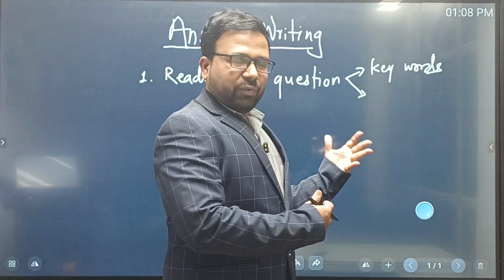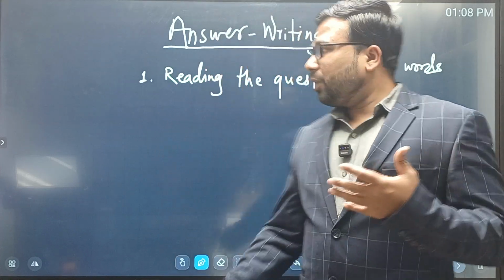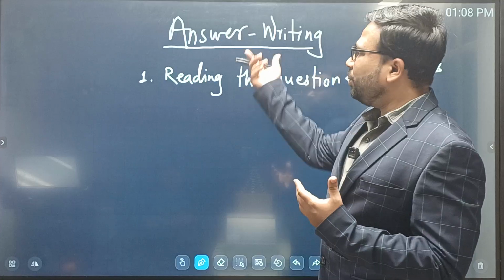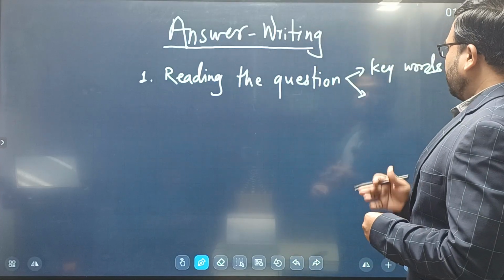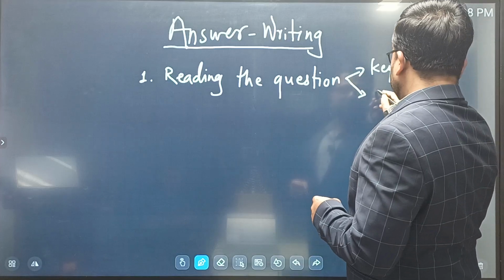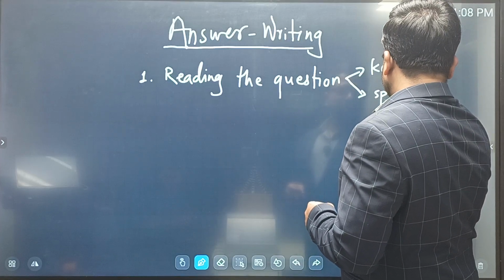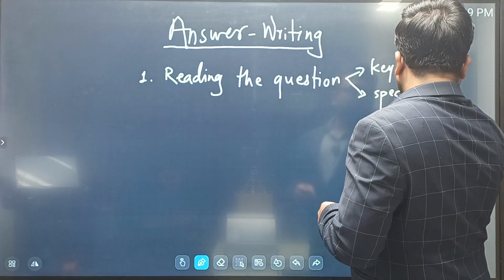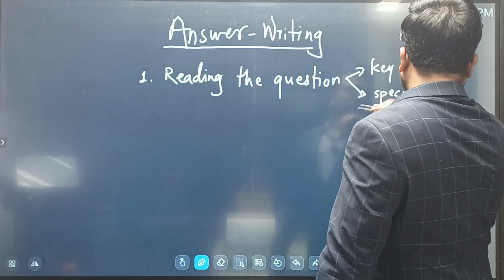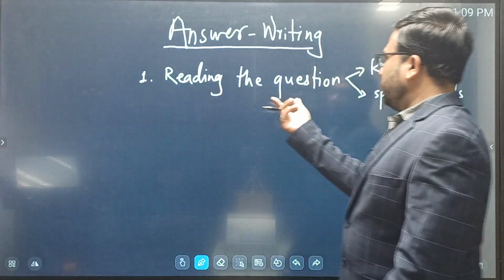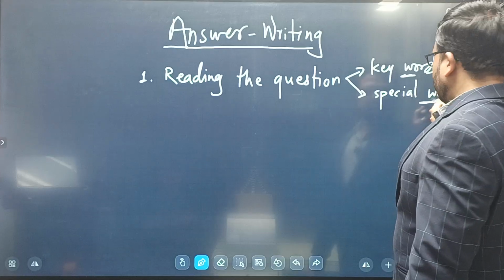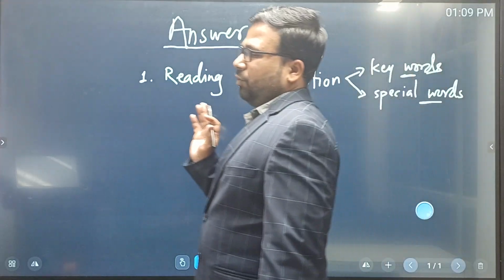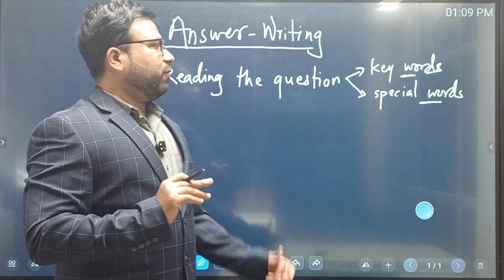We are going to look at those today as well, since we are just on the first component of answer writing. So this is how you should underline these keywords and these special words. Your focus should be there first.